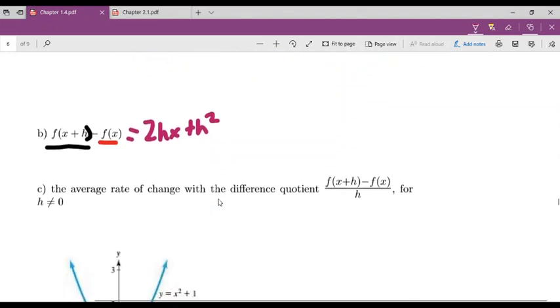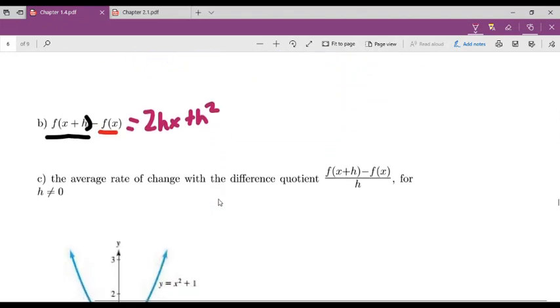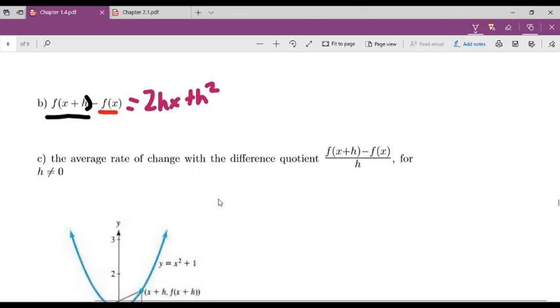Alright, C says find the average rate of change with the difference quotient for h not equal to 0. So we have this top piece. We've just solved for it. So all we've got to do now is divide by h. So if we do that, 2hx plus h squared divided by h.